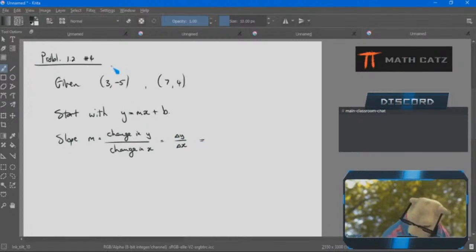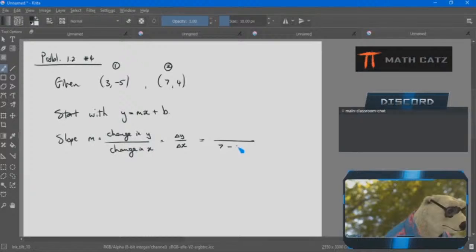So now I'll just pick a first and a second point because I'm changing from one to the other as I walk along my straight line. We'll see the line in a second. So the change is end minus start. Whoops, y is first, right? Not x. If I want to do x, x goes in the bottom. End minus start.